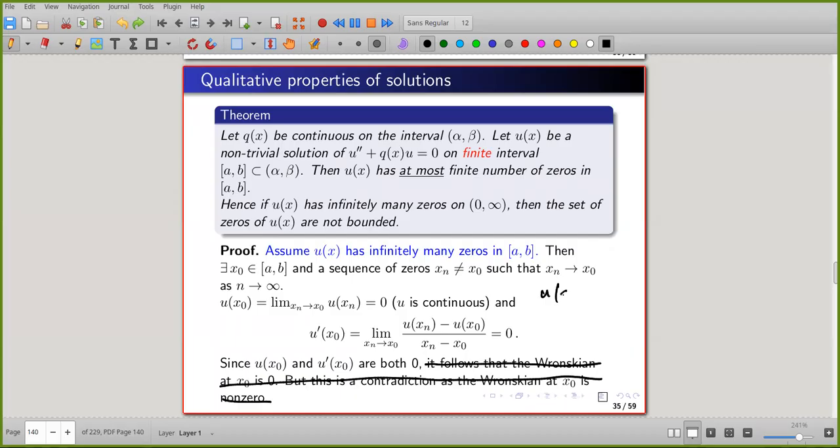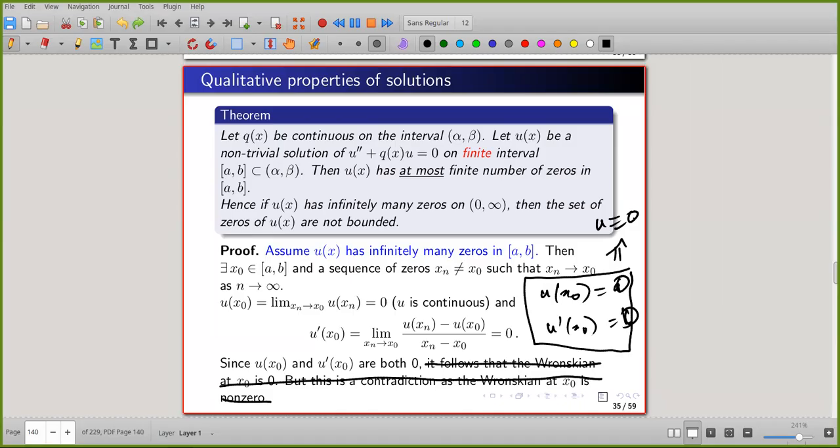By uniqueness, once we specify these two values to be anything, there is a unique solution to this differential equation. So here we have found a solution such that u of x naught is 0 and u prime of x naught is 0. So this implies that u is forced to be identically 0. But that is a contradiction because we started with a solution which is non-zero.